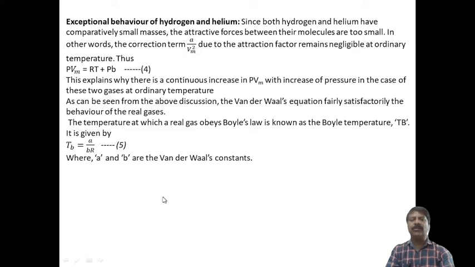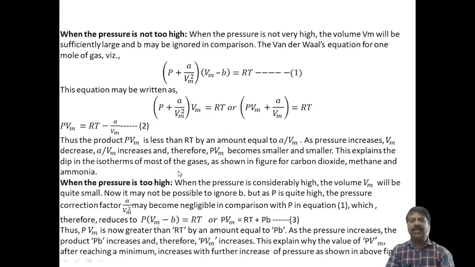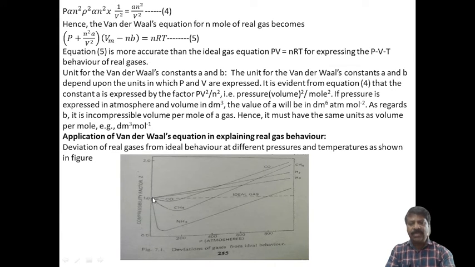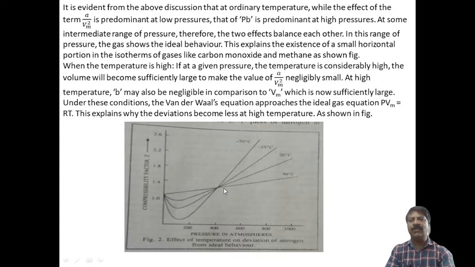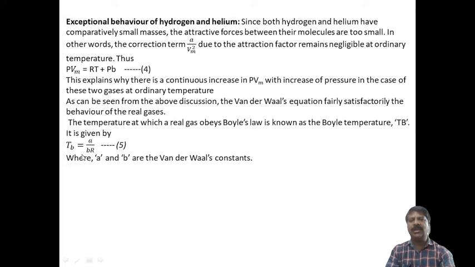As we see in this diagram, hydrogen and helium, as the pressure increases, always give a positive deviation, meaning they lie above the ideal gas curve, which runs parallel here, and none of them comes below. Therefore this is the exceptional case of hydrogen and helium.